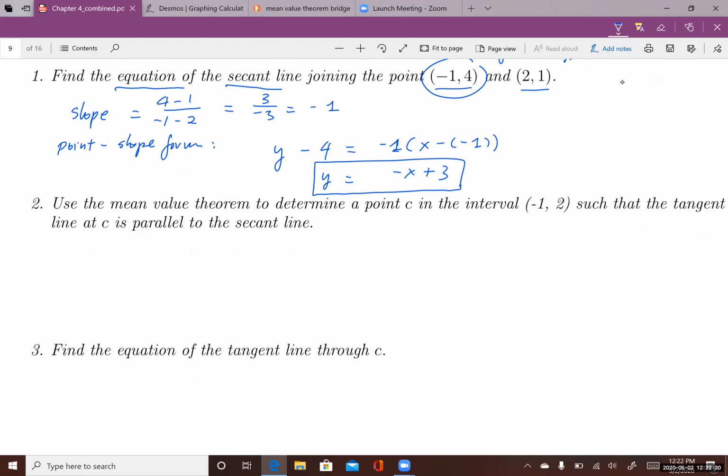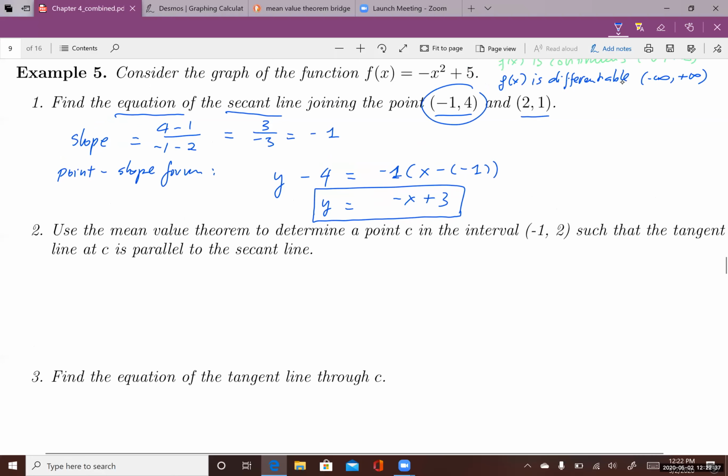Now use the mean value theorem to determine a point C in the interval from -1 to 2 again. The x values of these 2 points are -1 and 2, such that the tangent line at C is parallel to the secant line. Why do we need to use the mean value theorem?